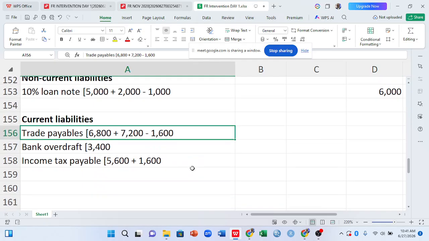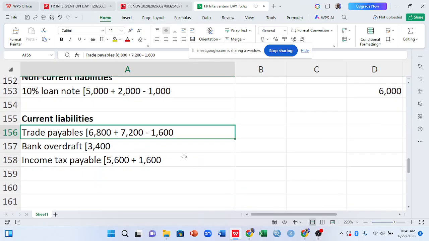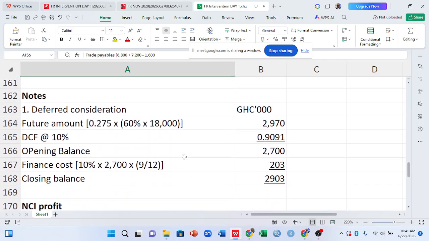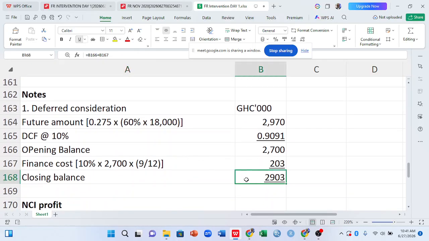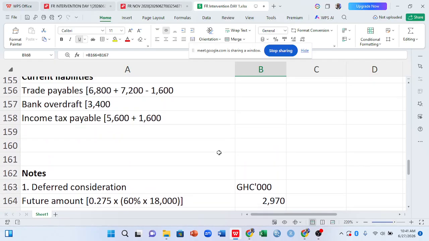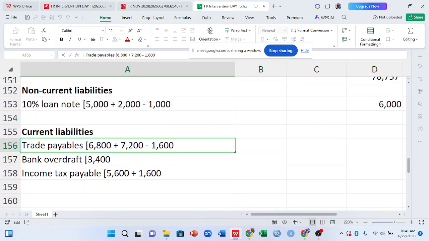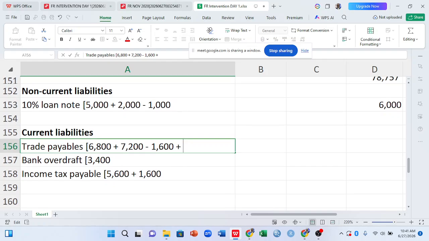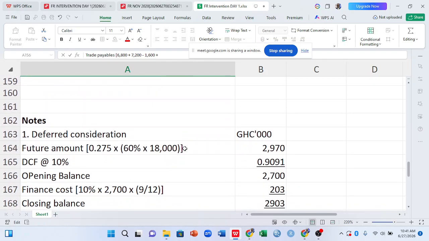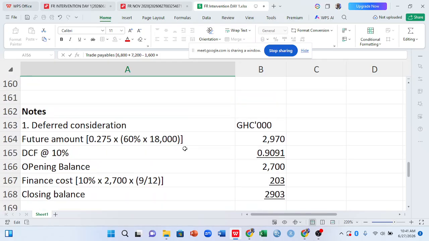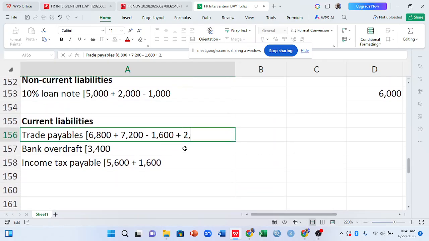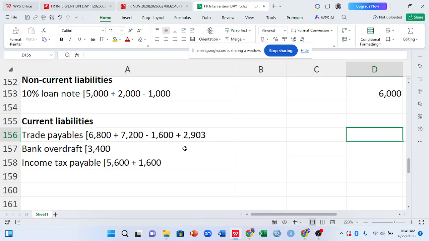Okay, we come to trade payables here. Remember we're having deferred consideration. It was for 1 year. If it's 1 year, it's just current. But if it is for 2 years, you treat it as a non-current liability. So we just add it to our payables. It's part of your other payables. Some might show it as a separate line item. You can go ahead and show it as a separate line item, or you can just add it to your trade payables.